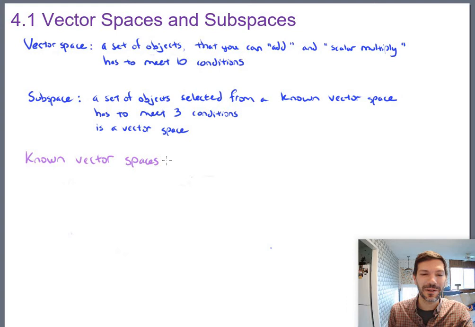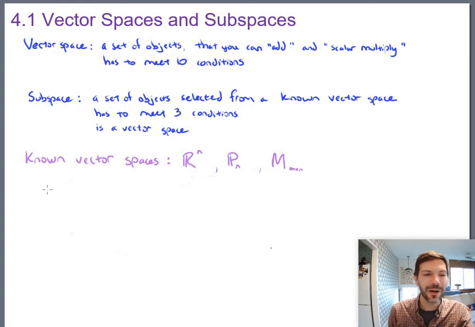So some known vector spaces. I'm going to write them down, and then we'll talk about what each one of them means. Rn, Pn, and M. I forget what letters they usually use here. I'll use M by N.